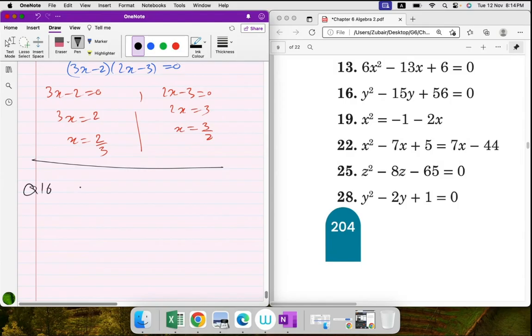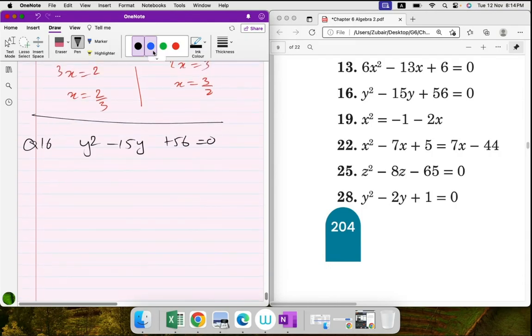Question number 16. y square minus 15y plus 56 is equal to 0. Tell me the factors, the two expressions in between. 15 and 56.